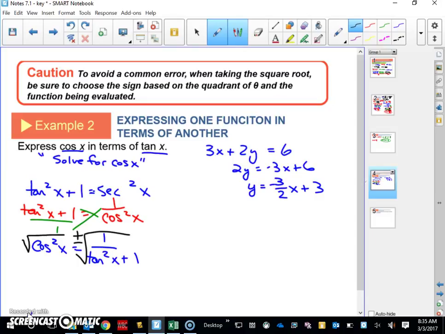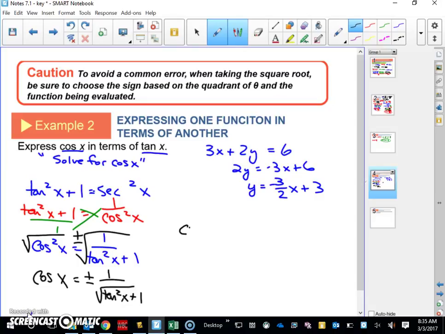But since we don't, we can't. So we've got cosine x equals plus or minus. Square root of 1 is just 1. And on the bottom, I would have the square root of tangent squared x plus 1.